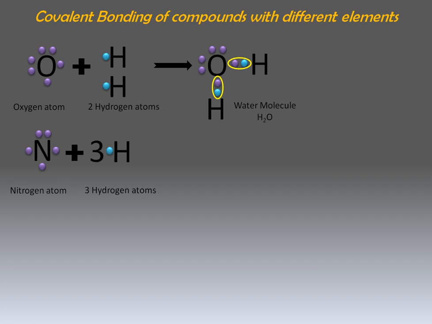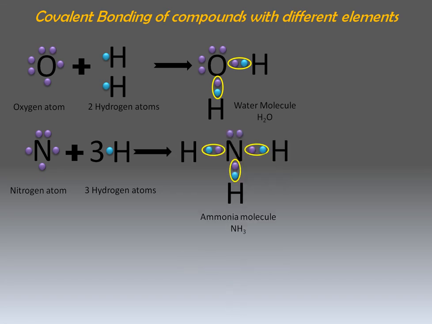When nitrogen gets together with 3 atoms of hydrogen to form ammonia, something similar occurs because the hydrogen will be forming single bonds with the nitrogen, 3 single polar bonds, since the nitrogen and hydrogen have different electronegativities as well.